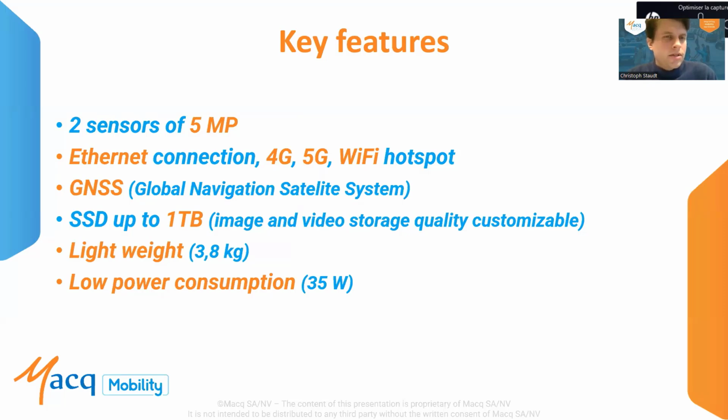Then there's local storage of up to 1 terabyte inside, which is incredibly high, so you can store many weeks of data on a highway on this camera itself. You can also customize the quality of the image and video, so you can compress it and store more pictures on the same storage. And it's a very lightweight camera, 3.8 kilos, and the mean consumption is 35 watts.